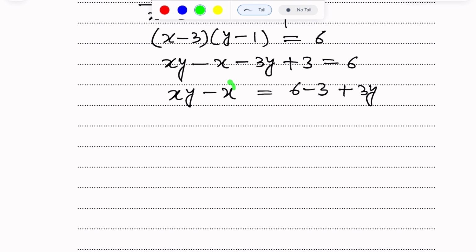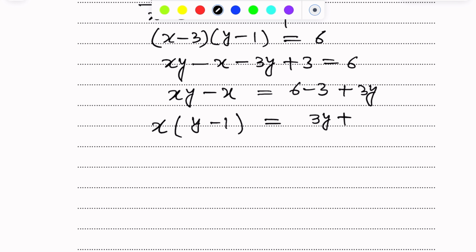Now we can take x common from these two terms on the left hand side. We are taking x common, y minus 1. Simplifying the right hand side, we get 3 plus 3y. So x will be equal to 3y plus 3 over y minus 1.